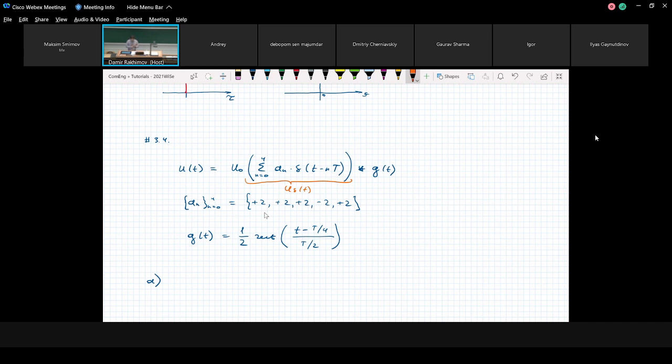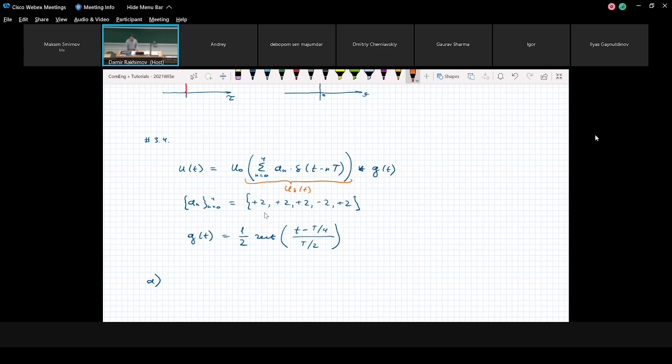Let's start with u delta of t. You see that it's just the sum of 4 delta pulses. Each delta pulse has its own position on the time axis. You can put different values for small n and get the position of each delta pulse: 0, T, 2T, up to 3T.